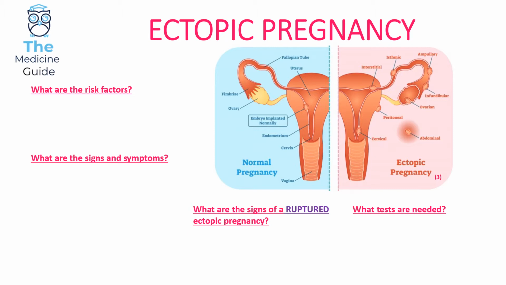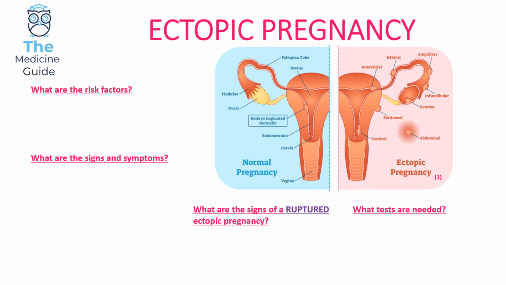This is when a fertilized egg implants itself anywhere outside of the normal endometrial lining of the uterus. For instance, it may be found in the peritoneum, the cervix, anywhere along the length of the fallopian tube, within the ovary itself, or in the abdomen.